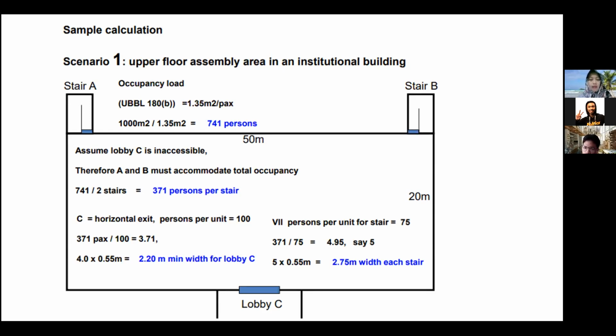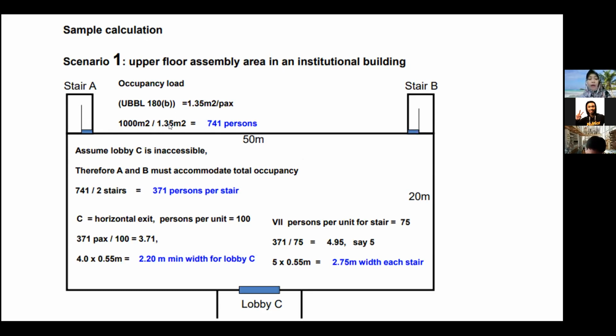How do we get 1,000? It is 50 meters times 20 meters, length times width. We get the area of the building first, 1,000.